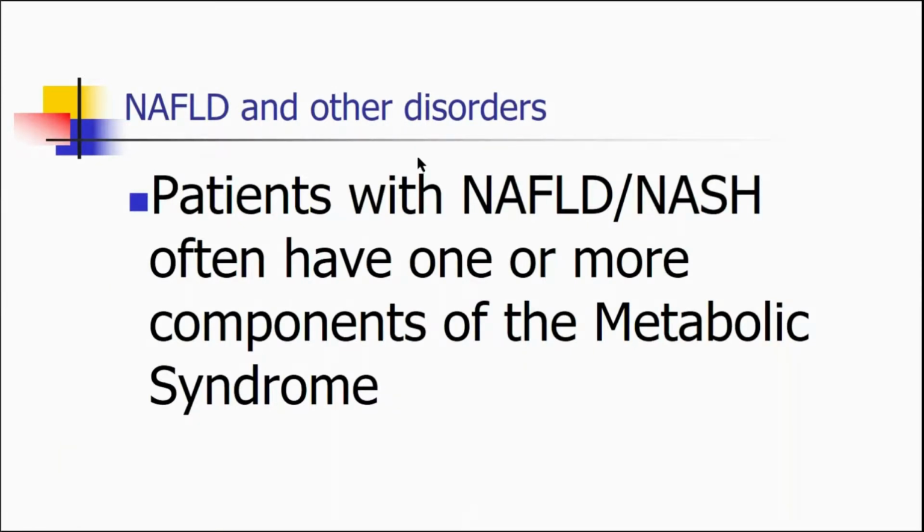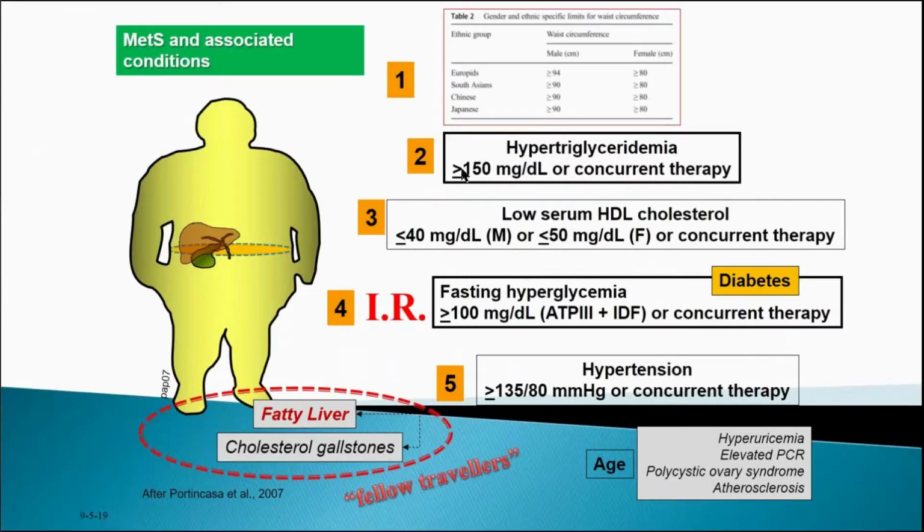But patients with NAFLD and NASH have one or more components of the metabolic syndrome. And the criteria listed here: increased visceral adipose tissue, which might be different according to ethnic group, increased triglycerides, low HDL, and insulin resistance or diabetes mellitus and hypertension.